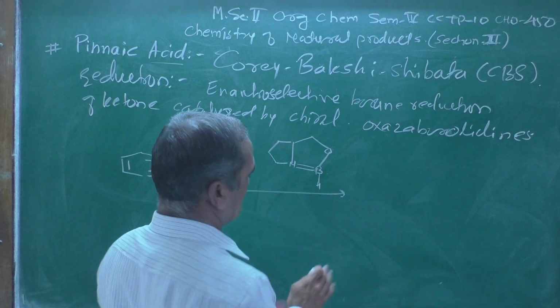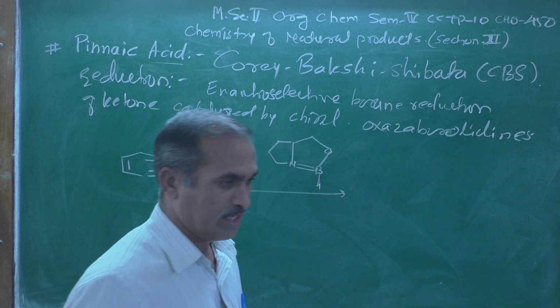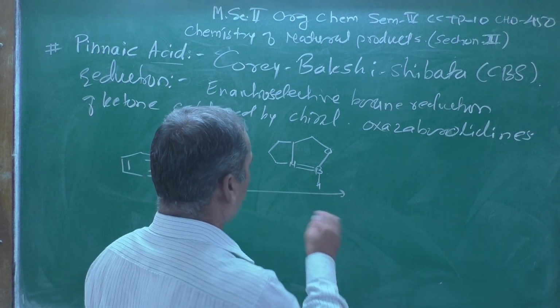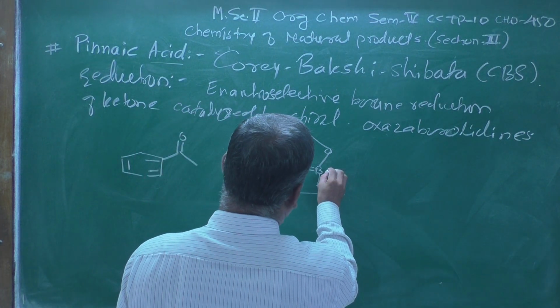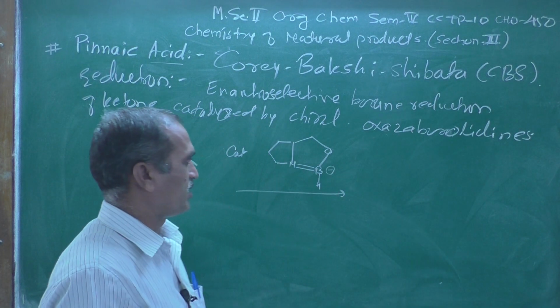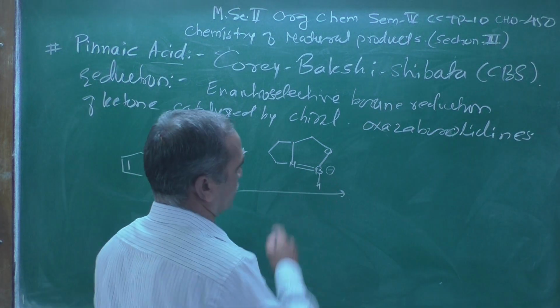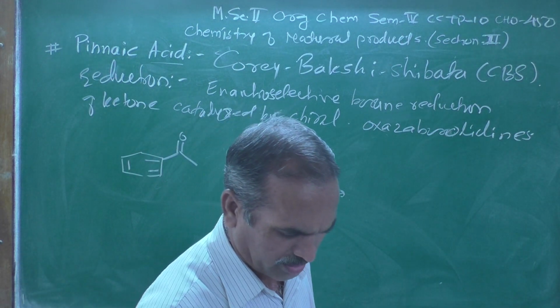Now boron generally has 3 bonds, and boron is the only element which, when the bonds exceed, has the ability to tolerate negative charge, and therefore it is shown over here.